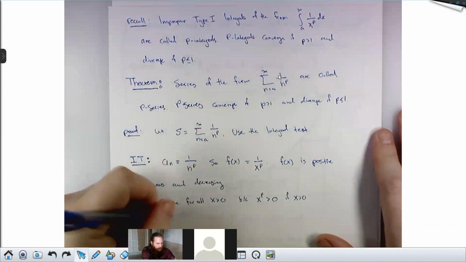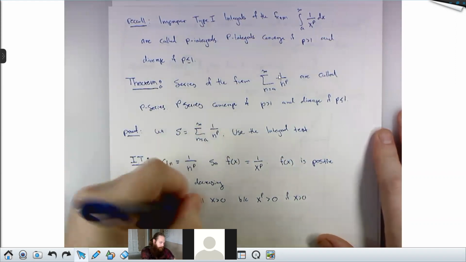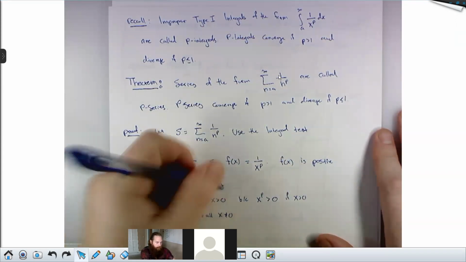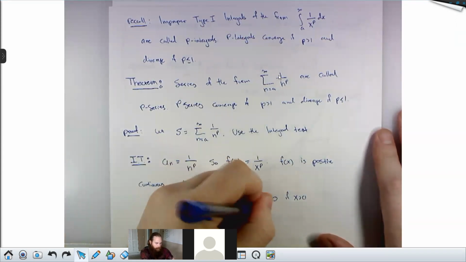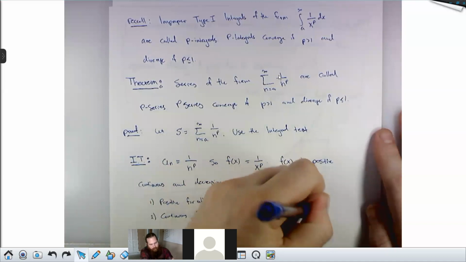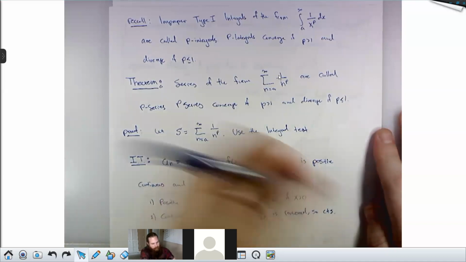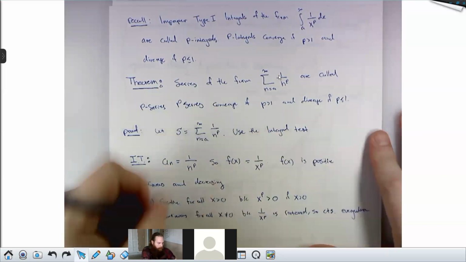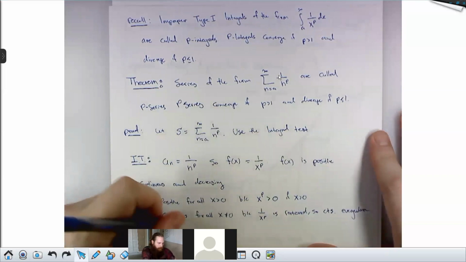Continuous for all x not equal to 0, because 1 over x to the p is rational. So continuous everywhere except where the bottom is 0.